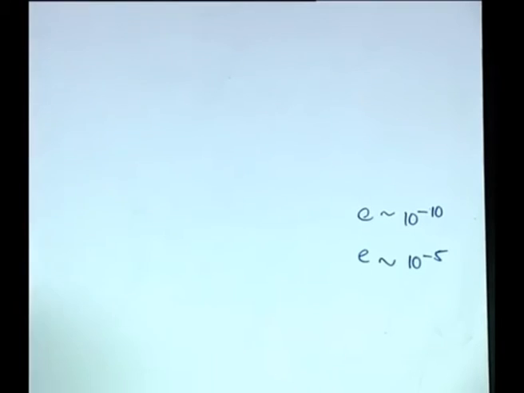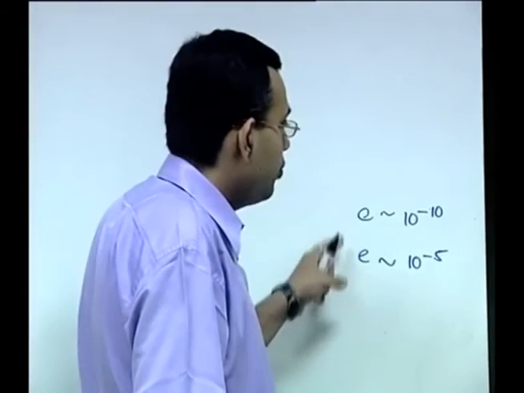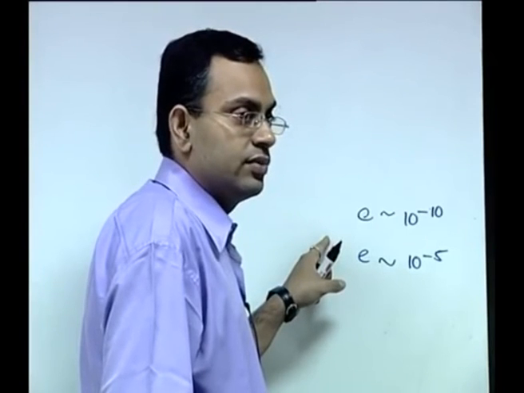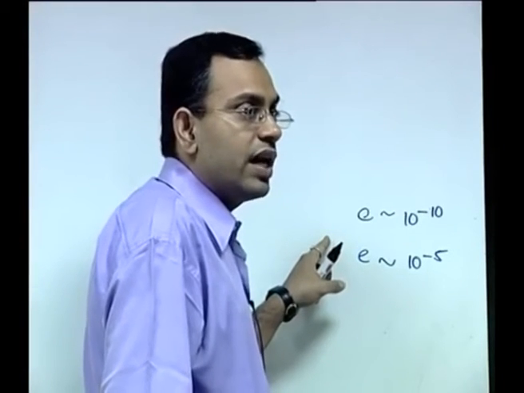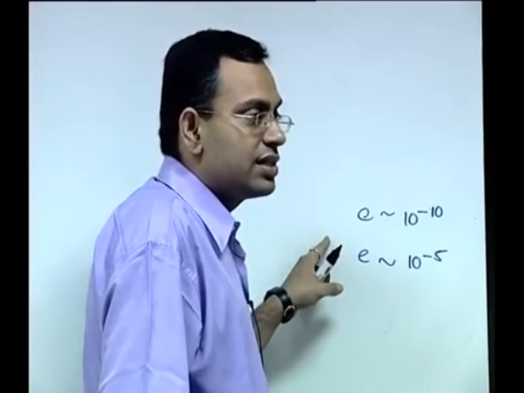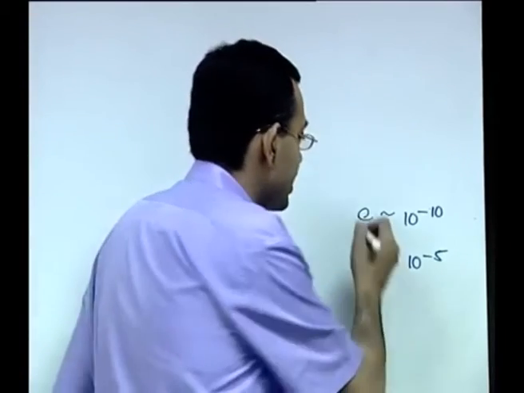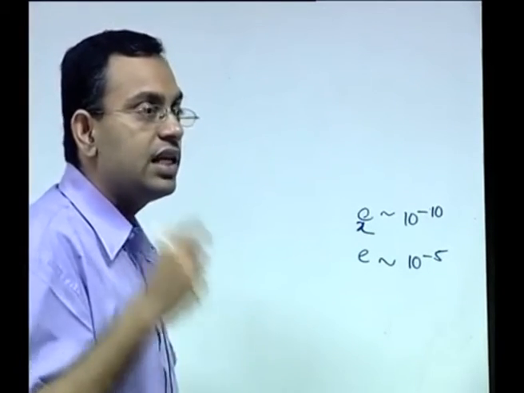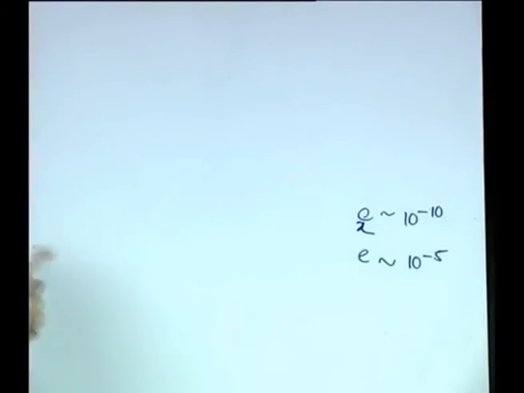Now looking at this, can you tell in which case the error is more or less? You cannot really tell, because it depends on what x is as compared to which you are quantifying the error. It is the relative error that is important and not the absolute error.